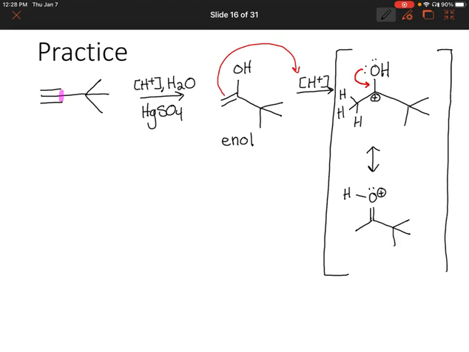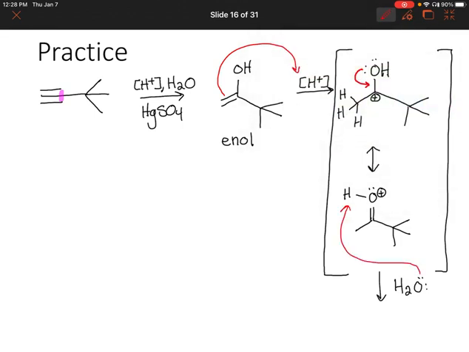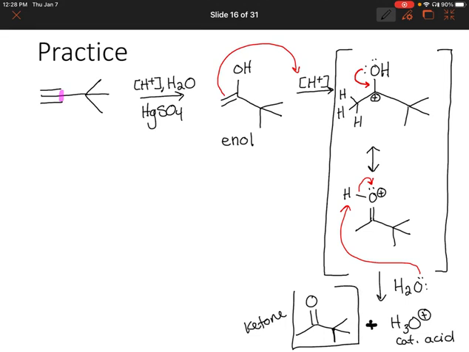Okay, and then remember in the next step, a water molecule can come in and grab that hydrogen from oxygen. And then we leave the shared electrons behind on oxygen, and then we get our ketone as the final product. We also regenerate the acid. So that's our catalytic acid, and then we have our ketone. So that would be our final product.